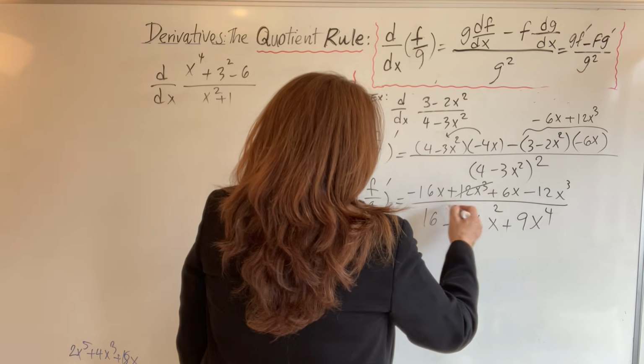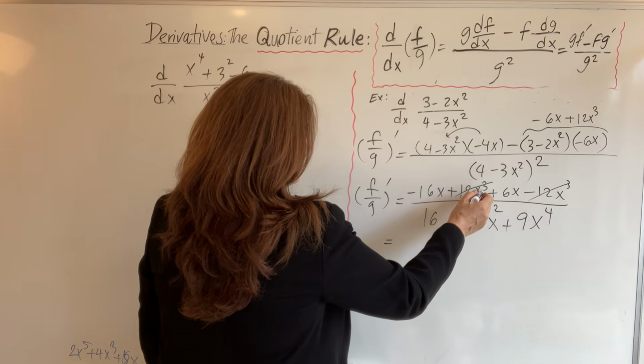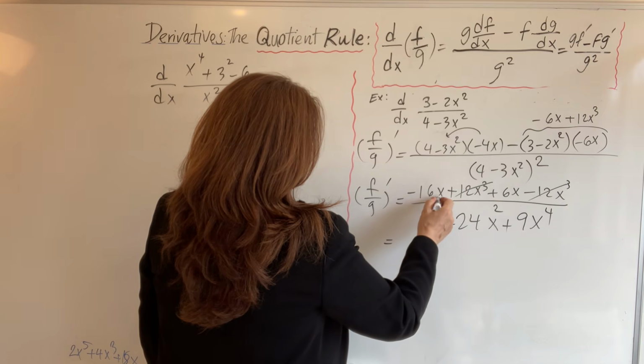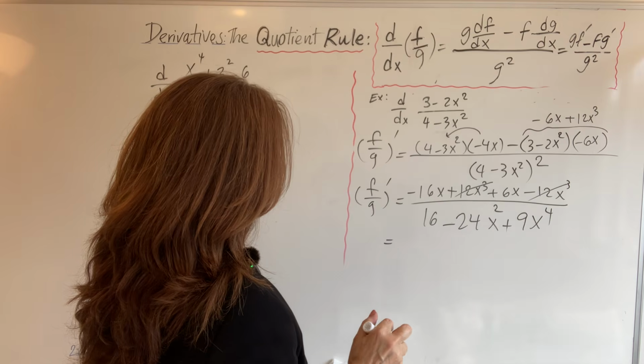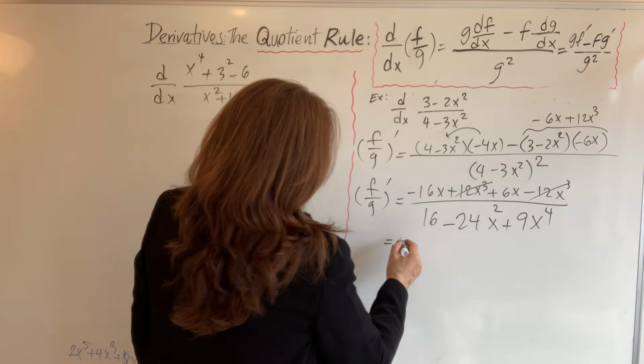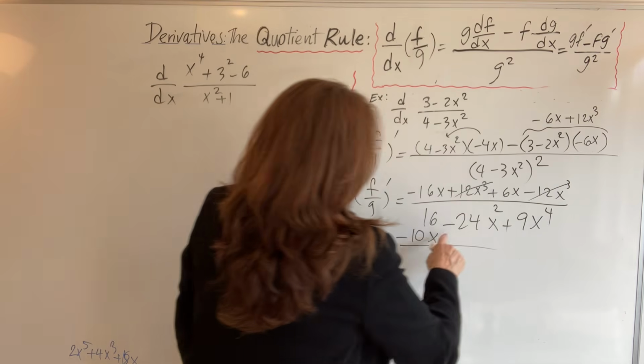How can we simplify this one? We have like terms: 12x to the third and 12x to the third cancel, negative 16x plus 6x gets negative 10x. How about here?